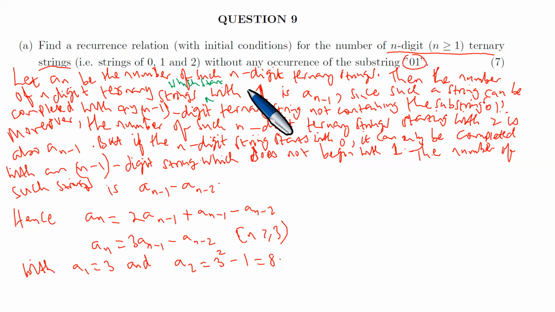Okay, if it starts with 1, we can complete it with an n minus 1 digit string. But now there are those strings that start with 1, those that start with 2, because either the string starts with 1 or 2 or 0, because we're dealing with ternary.